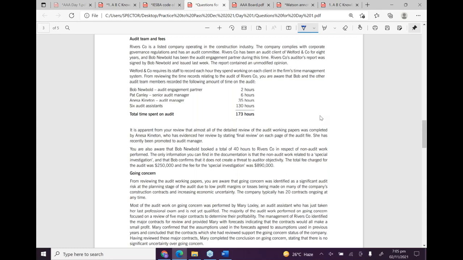Done, Ahmed. Very well done. I love the way you word the leadership responsibility. So the person who's supposed to be leading quality and managing the entire audit has only spent 2 hours on it, which means quality has potentially been compromised. That's perfect.